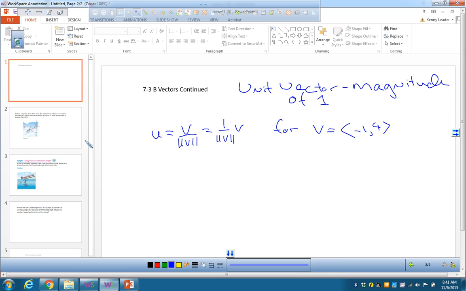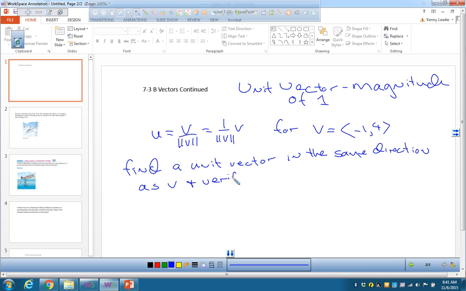So for example, for v equals -1, 4, they'll say find a unit vector in the same direction as v, and verify that its magnitude is 1.